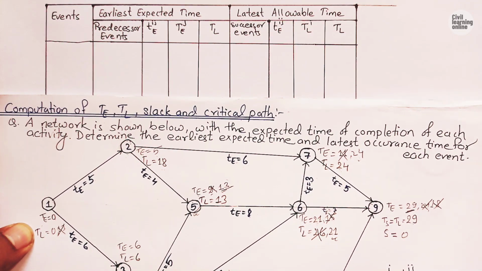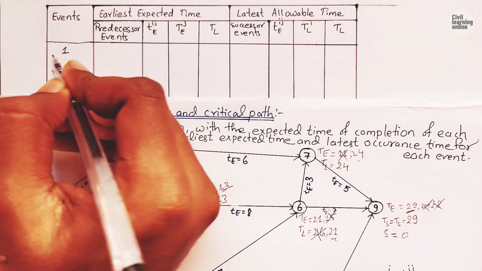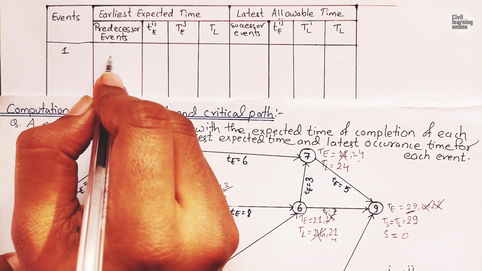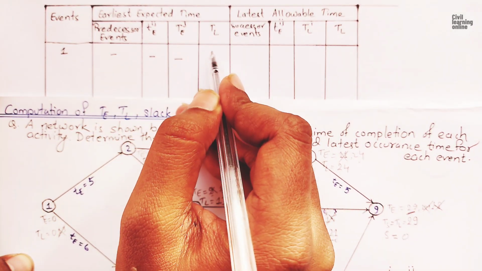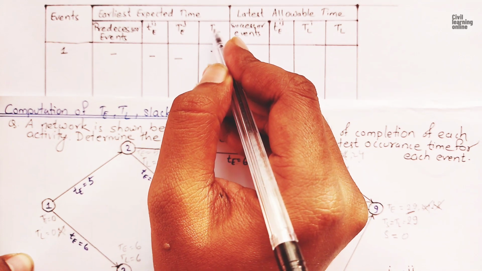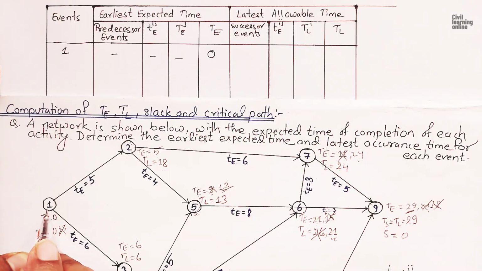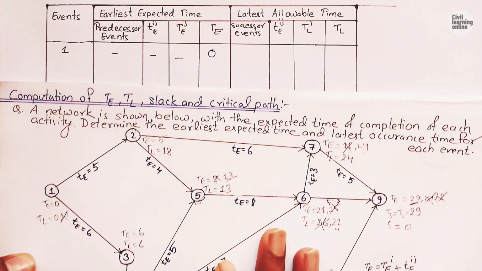So here we will begin with event 1. Talking about event 1, there is no predecessor event, so we will simply put a dash. There is no duration, and TE of this event 1 is 0. Event 1 has two successors, 2 and 3, so we will write both here.